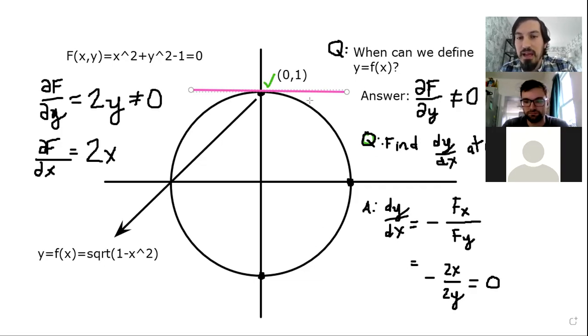By the way, this would work for any point on this curve. If I wanted it, what's an interesting point on the unit circle? I think this one is x equals 1/2, y equals radical 3 over 2.